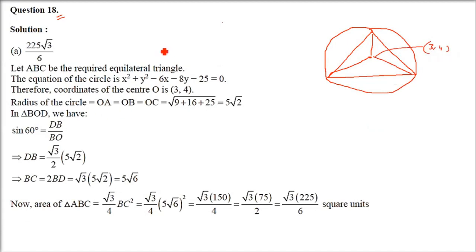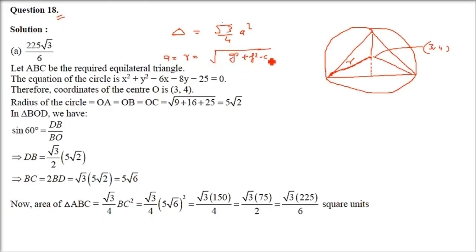Now we want the area. The question is asking about the area. Area of an equilateral triangle is root 3 by 4 a square, where a square is side square. So how to find the side? This is the radius. I am dropping a perpendicular from the center, and we know in a circle a perpendicular from the center divides the chord into two parts.